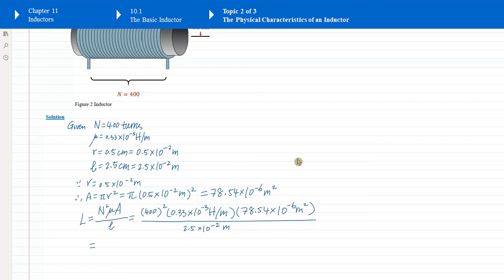Using a calculator, I got 165.88 millihenry.